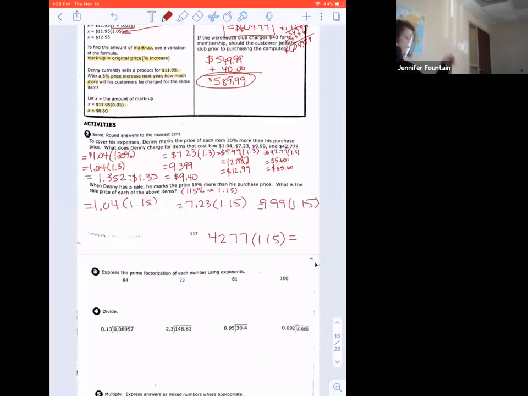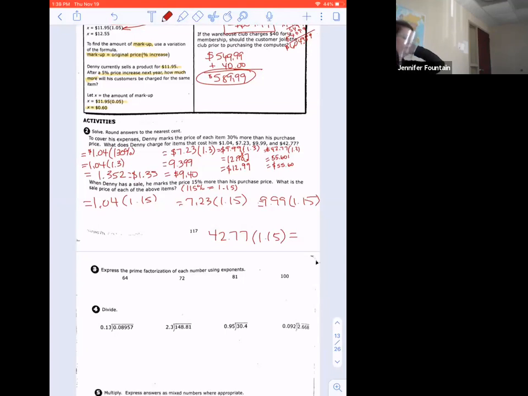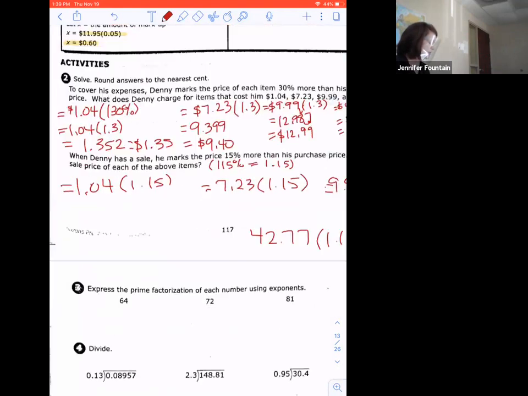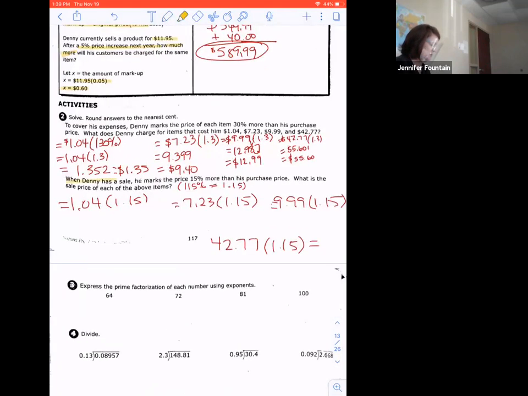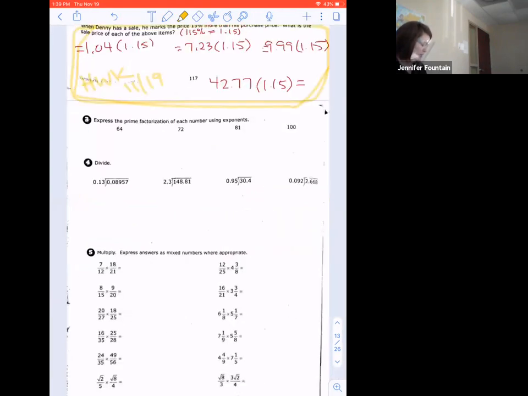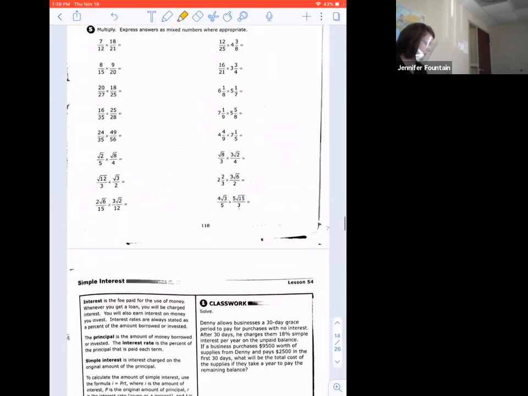Okay. So the first one we said you would be multiplying the 1.04 times 1.15, then 7.23 by the 115%, 9.99, and 42.77. So I'm gonna make a little, let's see. This is our first part of homework. So I'll put homework 11/19. Okay. All right. We're just gonna jump on over this.